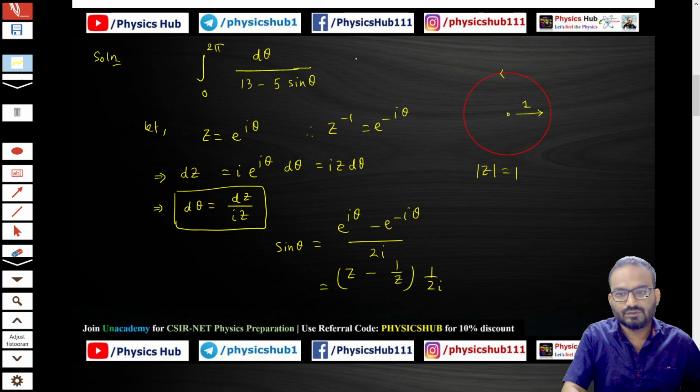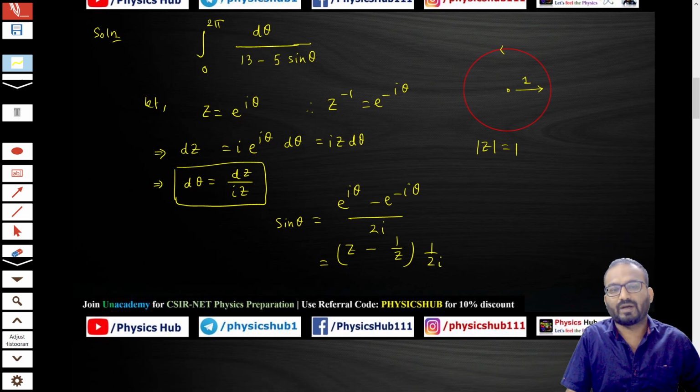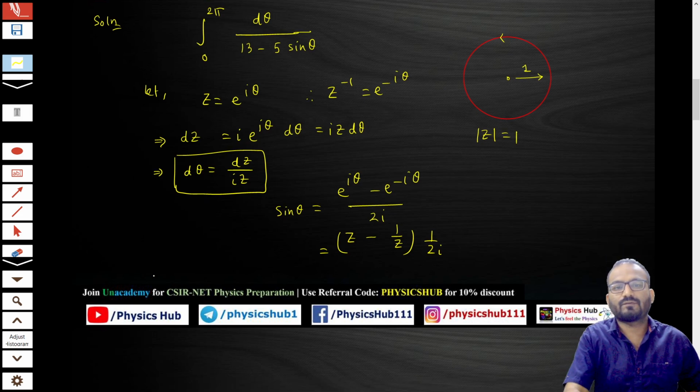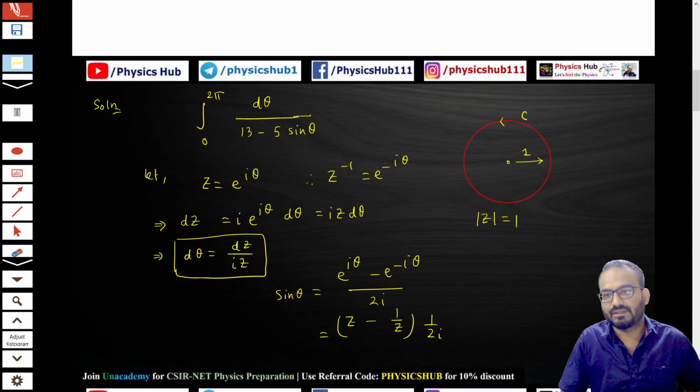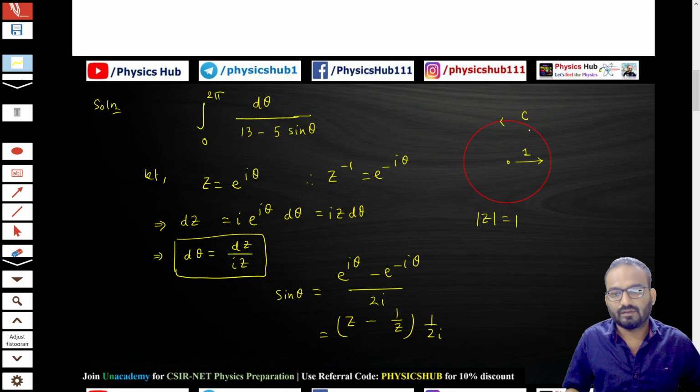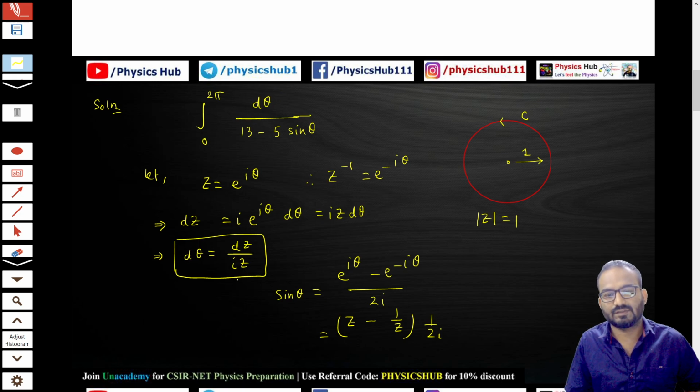That's it. So this limit 0 to 2 pi is converted into a contour like this contour C, which you have considered here. Now as you have considered this contour, this d theta cannot sit there. Instead of d theta we have to write dz by iz, and this sin theta cannot be there. Instead of sin theta you have to write this thing.